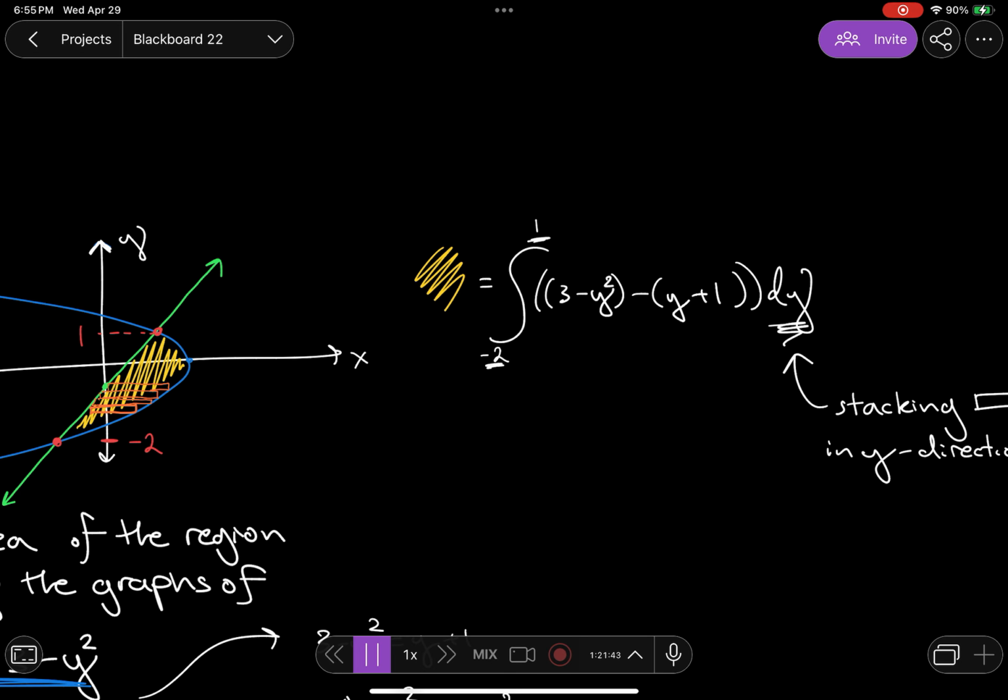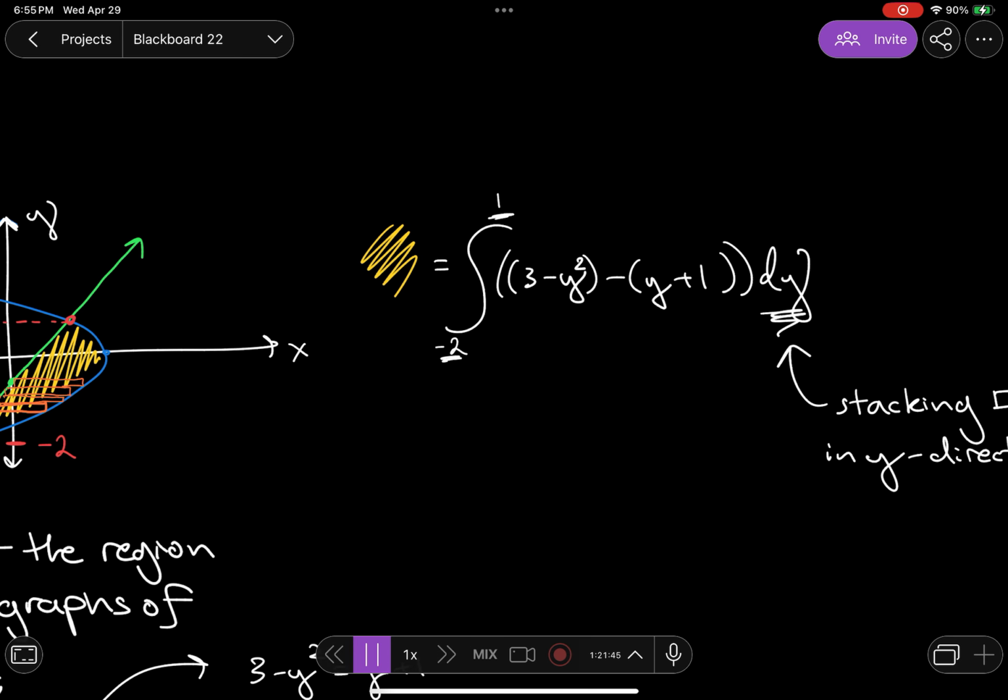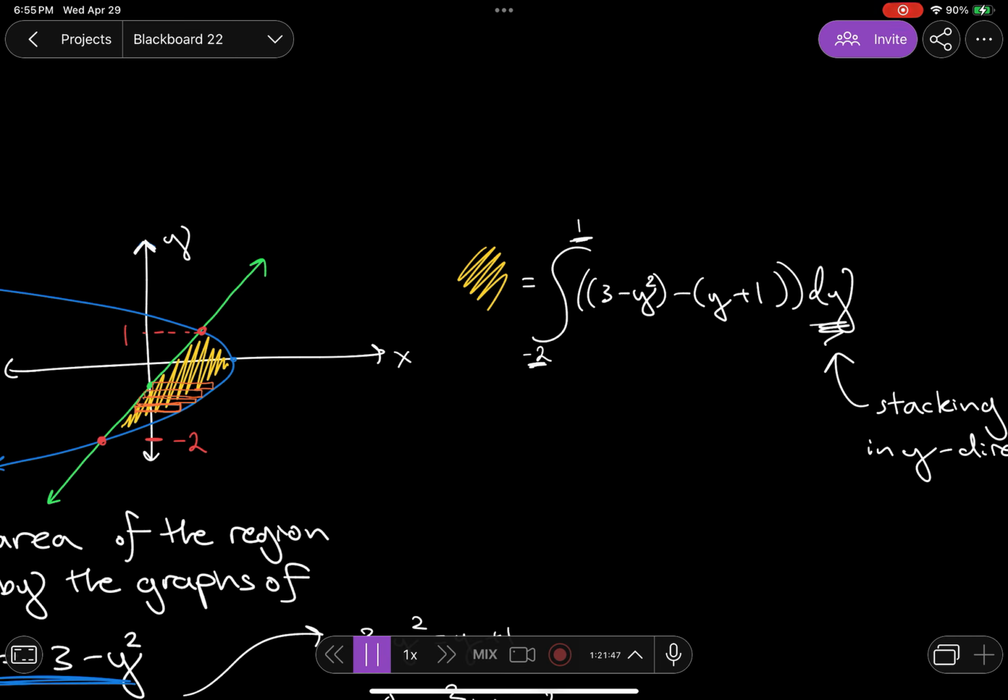Then I would evaluate that yellow area to compute the area using the fundamental theorem of calculus. So if you are integrating with respect to y, you first place the function that is more towards the right. The way to think about it in both cases is you simply put the more positive function first. That's going to allow you to accomplish this task no matter what direction you are integrating with respect to.